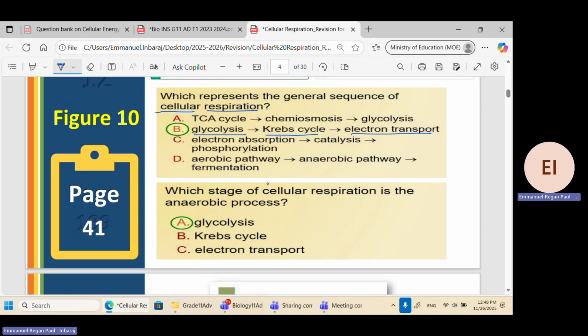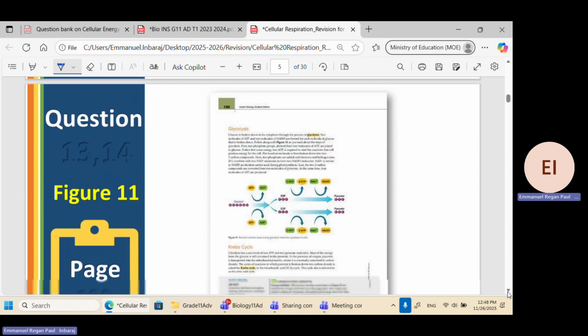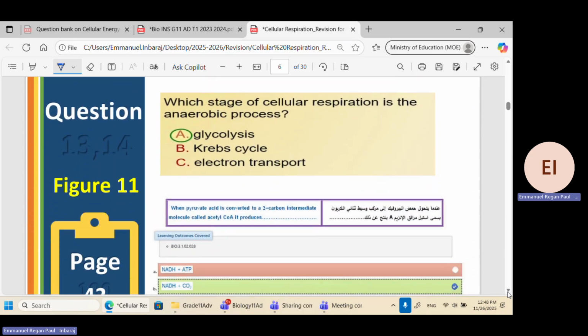Glycolysis is anaerobic. Krebs cycle and electron transport are not anaerobic, they are aerobic. Now, we have finished glycolysis. Yes, glycolysis is anaerobic.